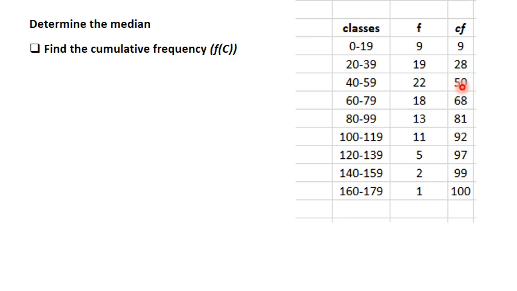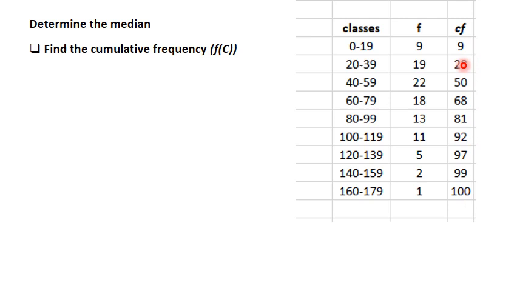The next figure, 50, is gotten from 28 plus 22. The same thing, 68 will be 50 plus 18. The next figure, 81, will be 68 plus 13, which is 81. Then 92 is gotten by 81 plus 11, and again 92 plus 5, 97, and 97 plus 2, 99, 99 plus 1 is 100.